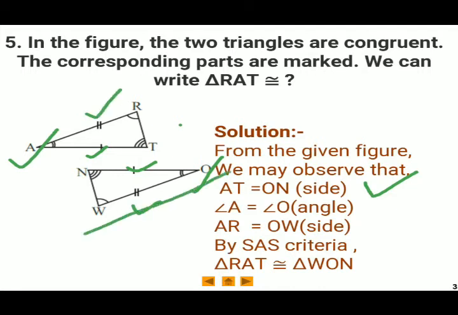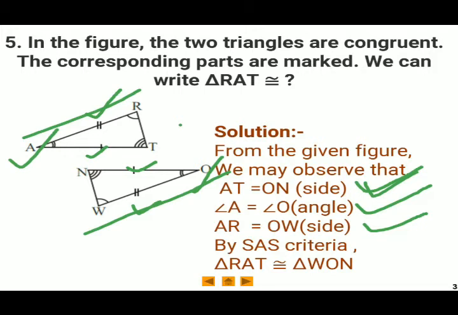That means this side and this side are both equal. So you can write that AR is equal to WO or OW, that is also a side. So what we got: one side, then an angle, and then a side. So by SAS criteria, which two triangles will be congruent?